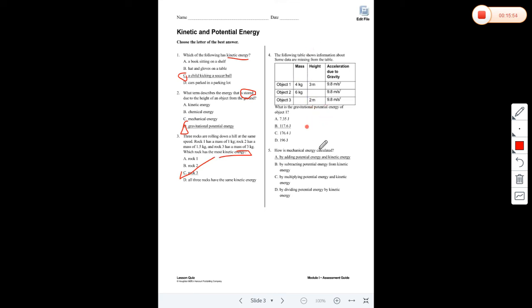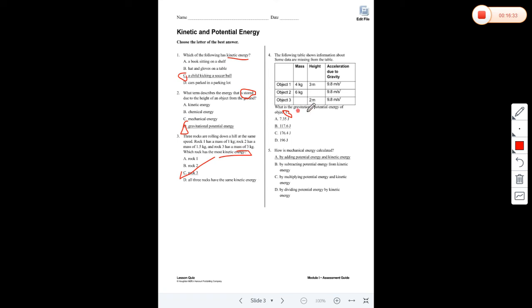Number 4, we have a table. The following table shows information about some objects, and some data are missing from the table. What is the gravitational potential energy of object number 1? Gravitational potential energy law, if you remember, is mgh. m means mass, g means gravity or acceleration due to gravity, h means height.